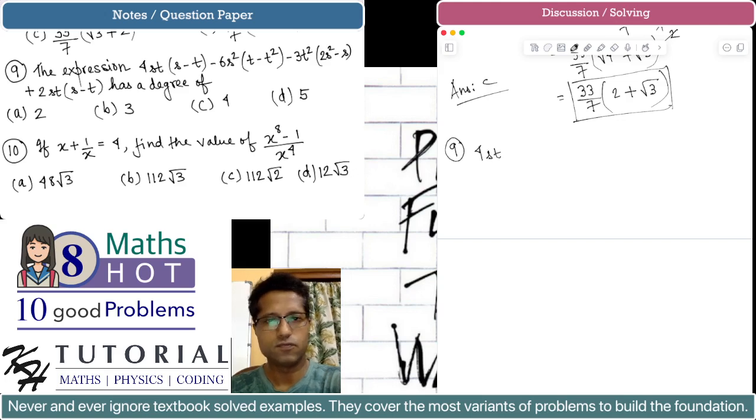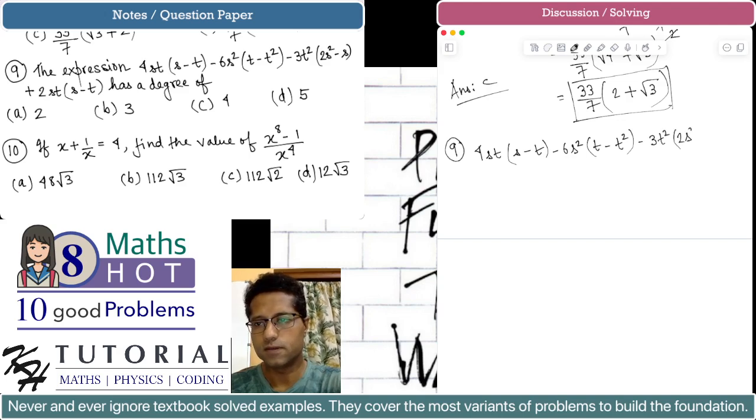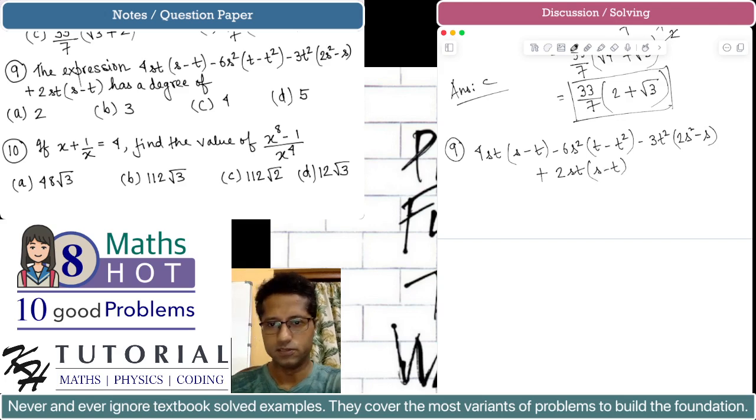So the given expression is 4st multiplied by s minus t minus 6 s square plus t minus t square and minus 3t square multiplied by 2 s square minus s plus twice of st multiplied by s minus t. So these are basically all products of monomials and binomials. So this will be equal to 4 s square t minus 4 s t square.